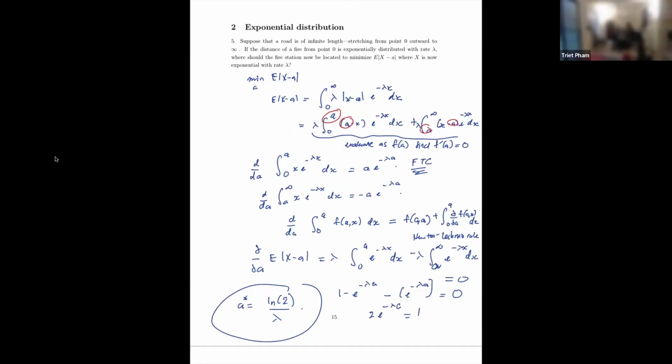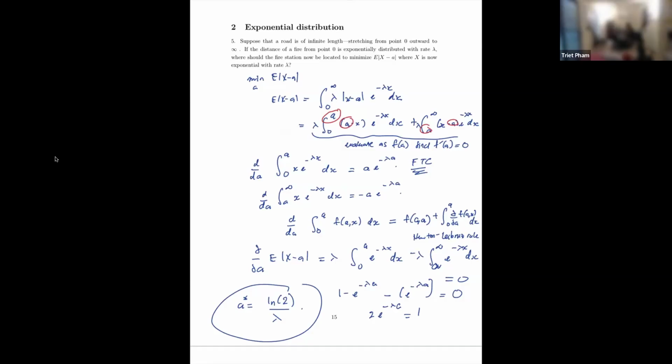Any questions so far? All right, so now let's ask, what meaning does this have to the exponential lambda, which is the distribution of x?